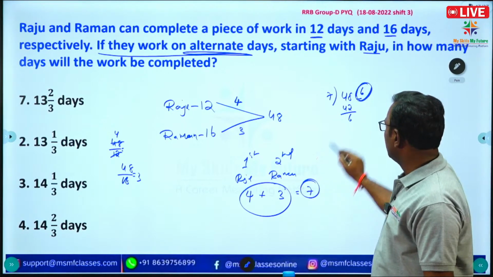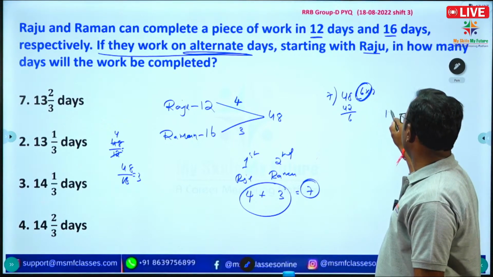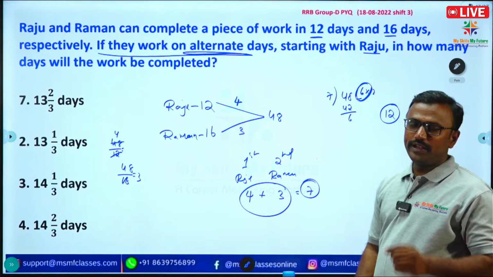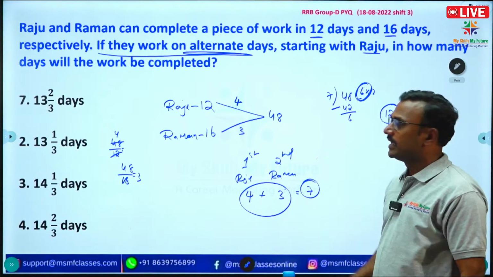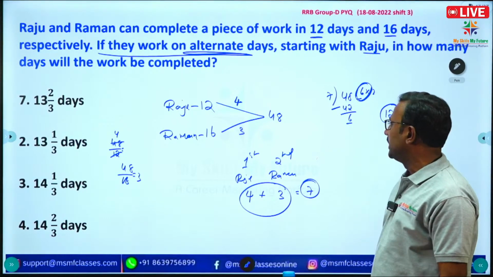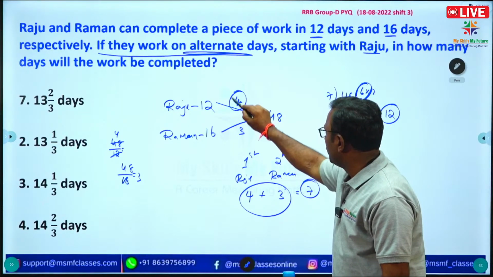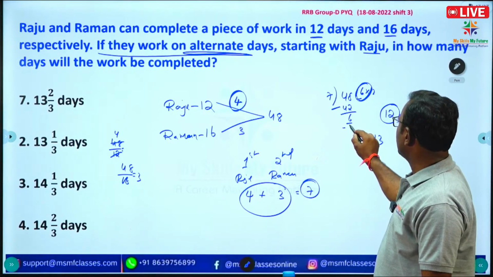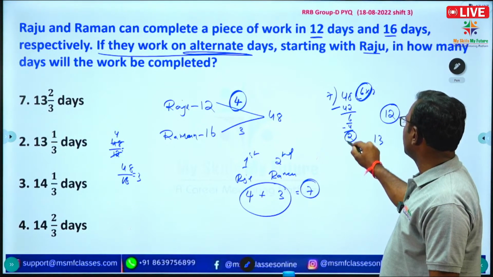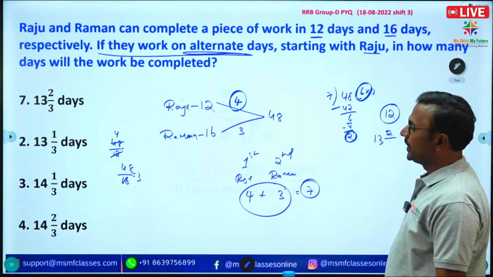Just double it. Why? Because it is 2 days. So 6 2s are 12. So in 12 days they will complete 42 units of work. Remaining 6 units of work is there. So on the next day, Raju completes 4 units of work, that is the 13th day. So 6 minus 4, we get 2 units of work pending for Raman.